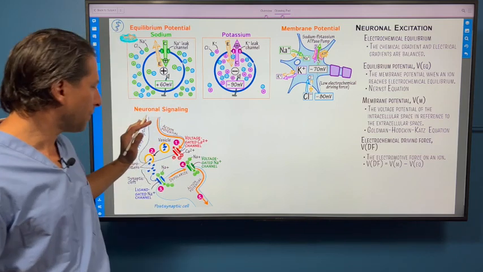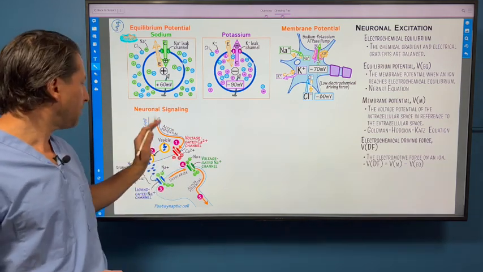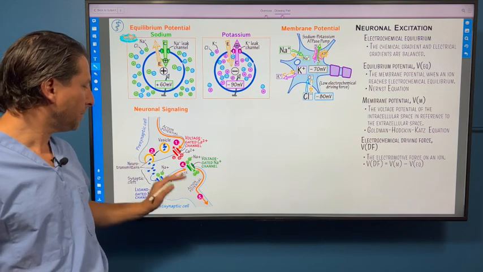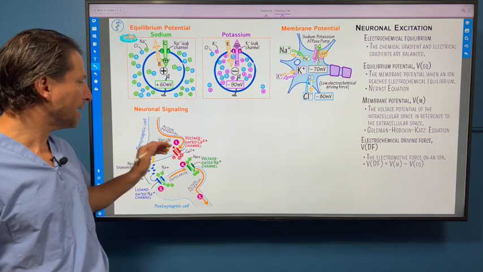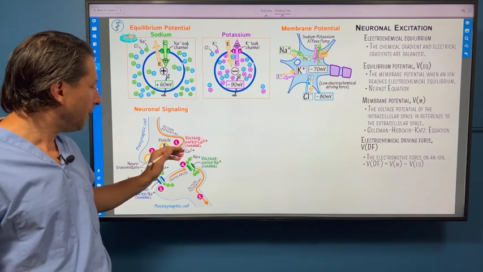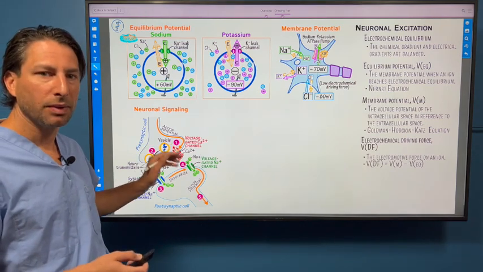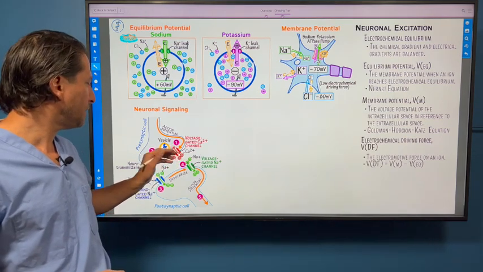So let's talk about neuronal signaling now. So a neuron, a presynaptic neuron here, postsynaptic neuron here, there's an action potential along the presynaptic neuron. It induces this calcium influx here. For this purpose we're using a calcium activated channel.